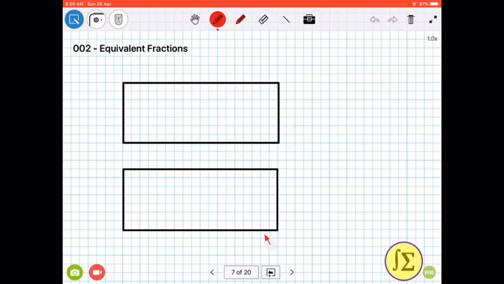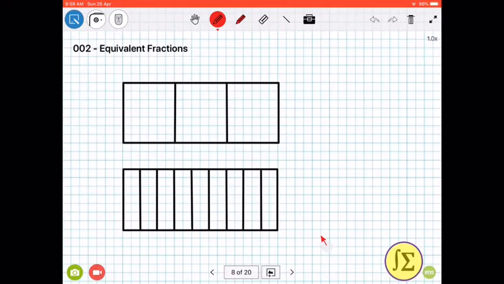Now we look at rectangles. So we're going to show that 2 over 3 is the same as 6 over 9.